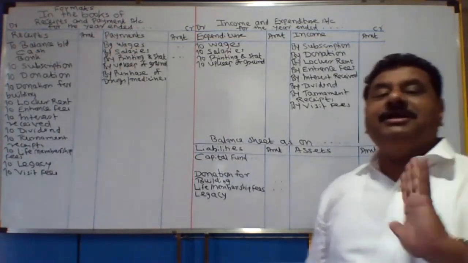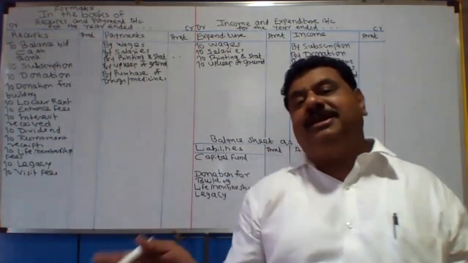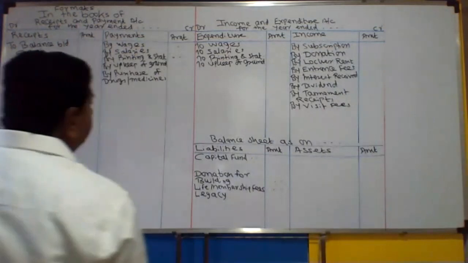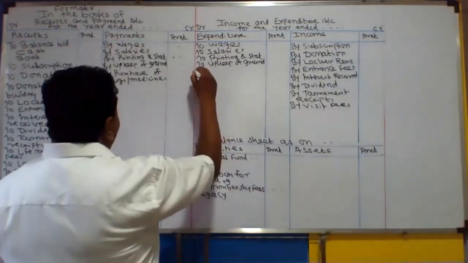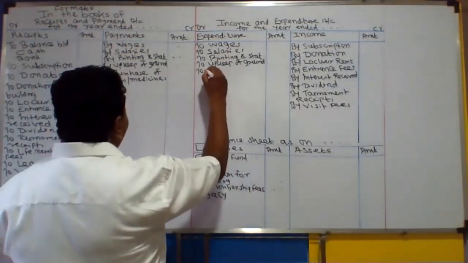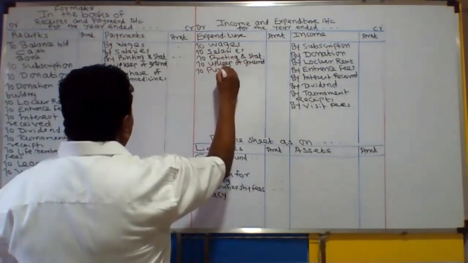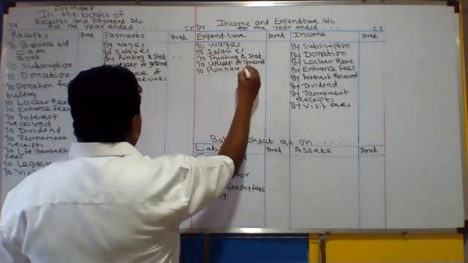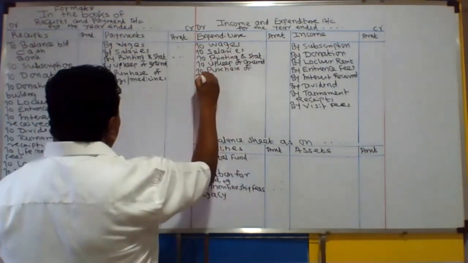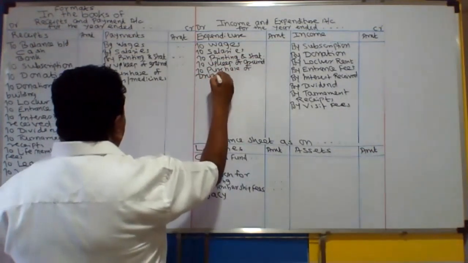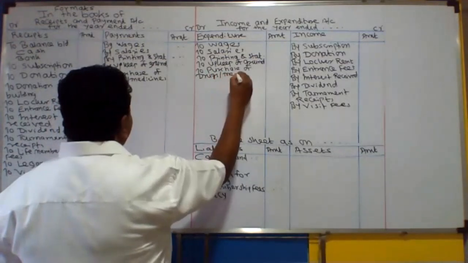This is not asset, it is a regular expenditure only. So debited to expenditure, that is the income expenditure account debit में आएगा. To purchase of drugs and medicines.